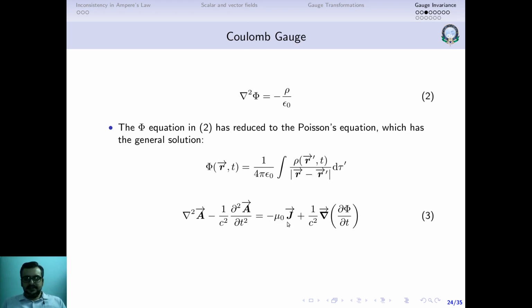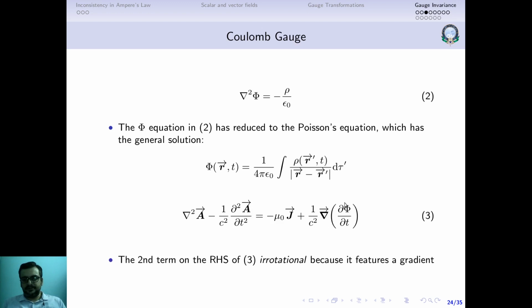The next equation, equation number 3: over here the divergence of A term has also vanished, and we have this. Now please note down the last term on the right hand side, the second term on the right hand side of equation number 3. This second term is irrotational.